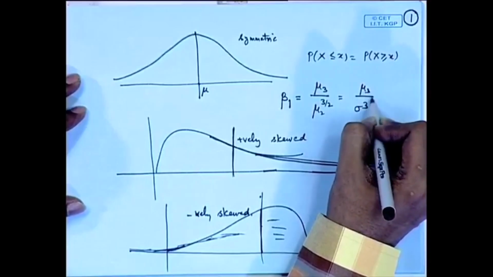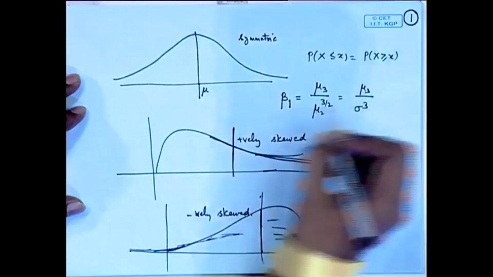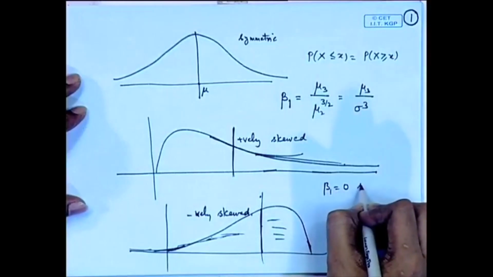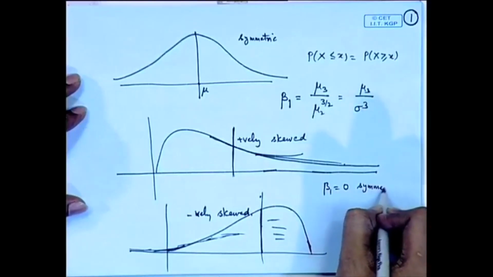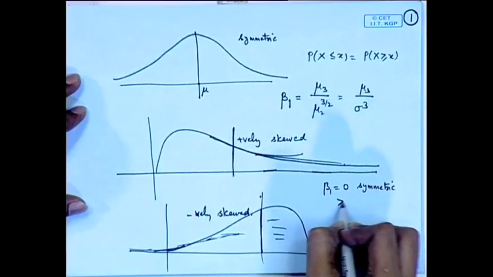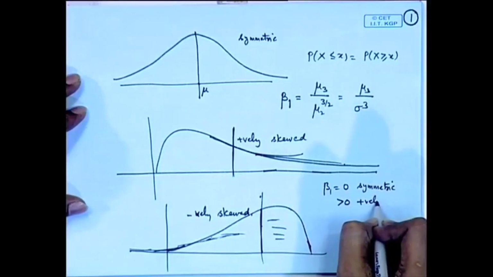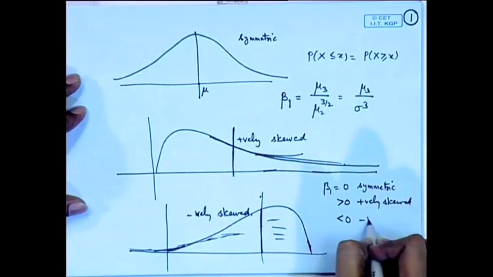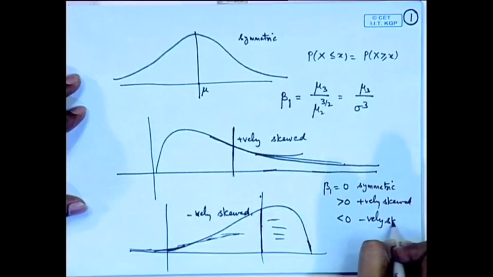This is to make it free from the units of measurement. So, if beta 1 is 0, we have symmetry. If it is greater than 0, it is positively skewed. If it is less than 0, it is negatively skewed.